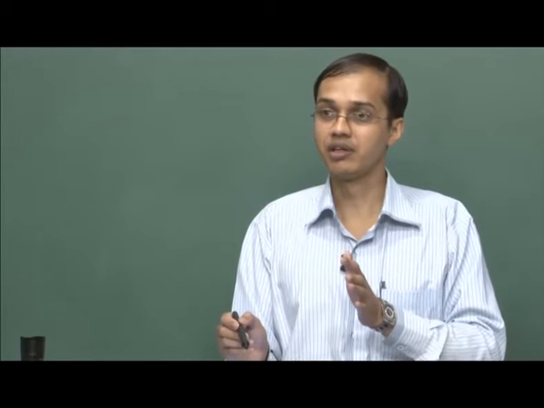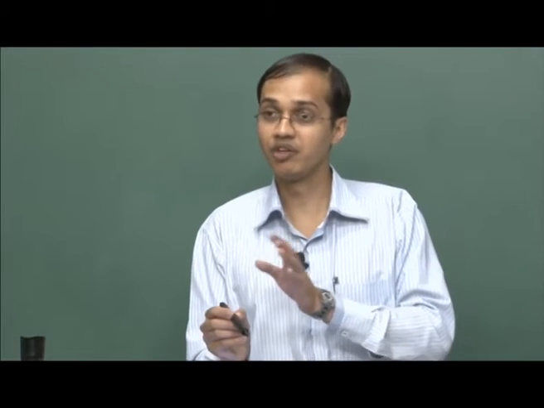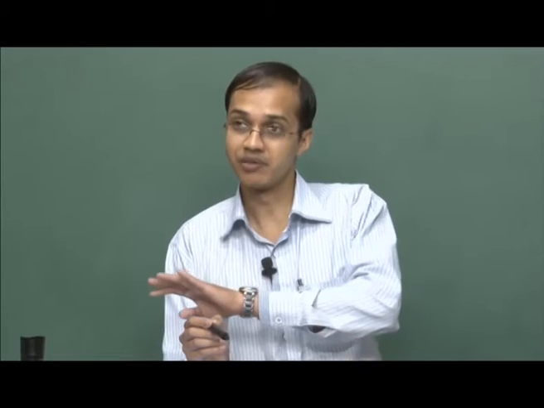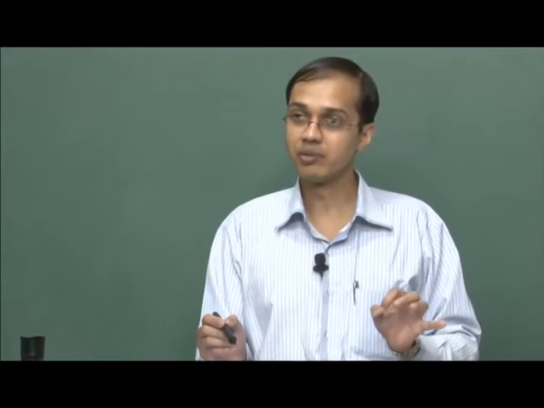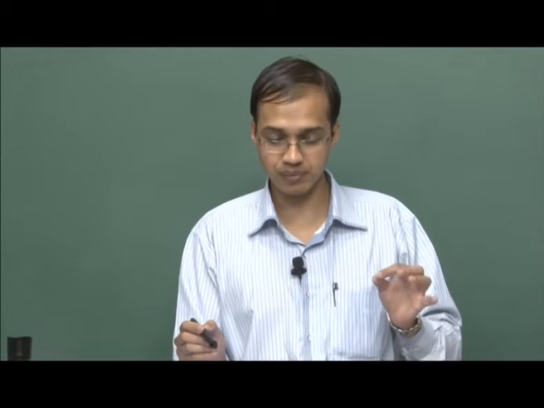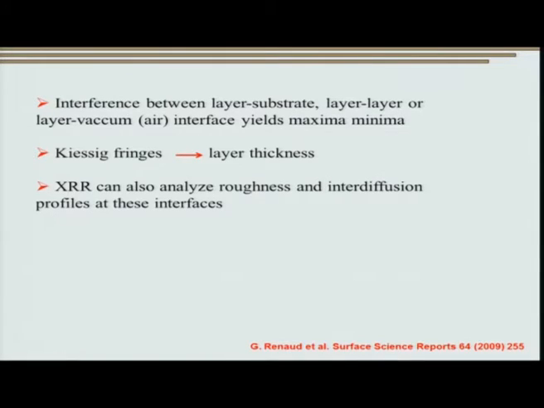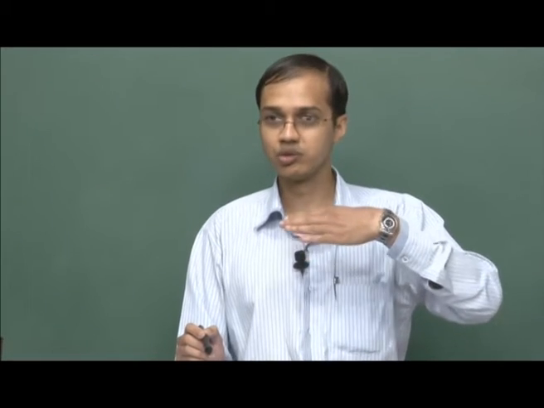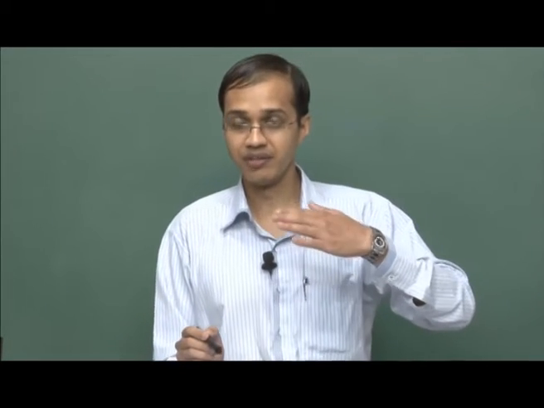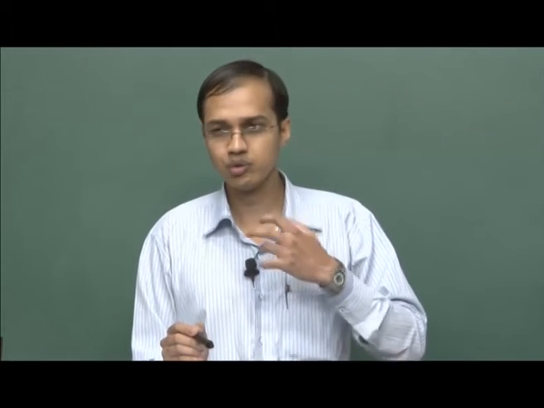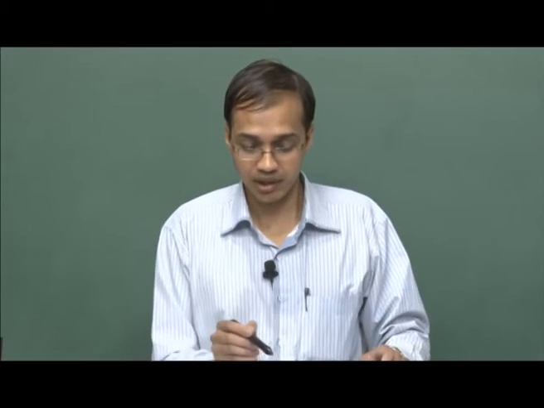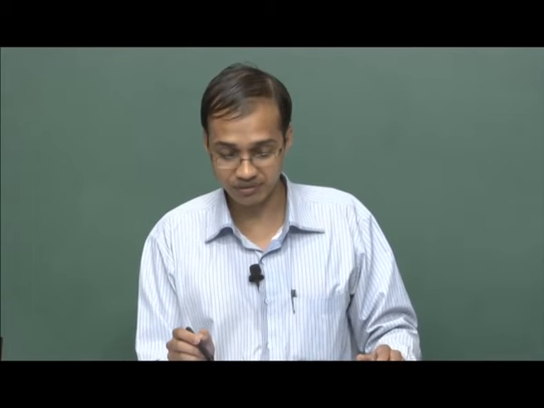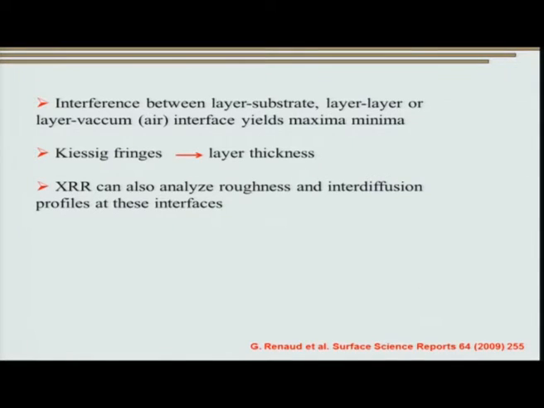This interference pattern can be used, and again remember the information we are getting is in reciprocal space, but once we convert it to real space, we do get information about, say, the thickness of the film. These are known as Kiessig fringes, and this gives us information about the layer thickness. Having said that, not only for very homogeneous films can we determine thickness, we can also, using a lot of assumptions, use X-ray reflectivity to analyze roughness as well as interdiffusion profiles at various interfaces.